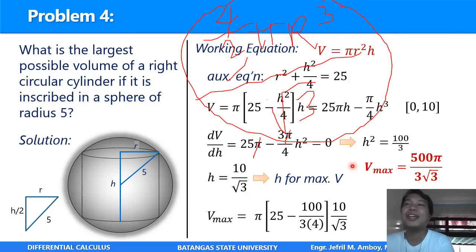Okay, so that's the shortcut for this particular problem. Pag nakita nyo po ang problem na ito, again, ang pinakamalaking volume ng cylinder na kasya sa loob ng sphere ay simply yung volume ng sphere, i-divide mo lang ng square root of 3. Isn't it amazing? Yes. Amazing grace.